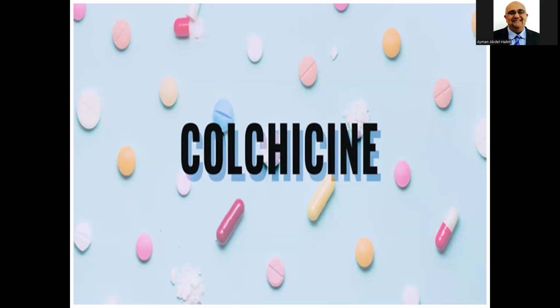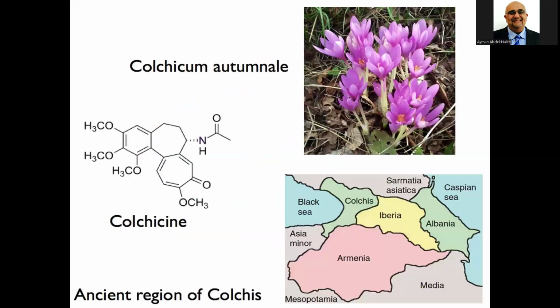Okay, we're going to end our lecture with colchicine. Colchicine is a very interesting medication. It's coming out of this plant called Colchicum autumnale.